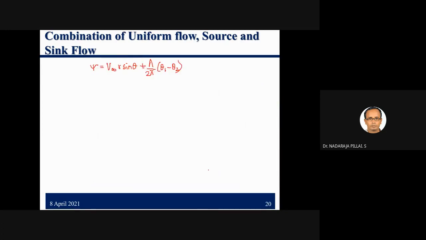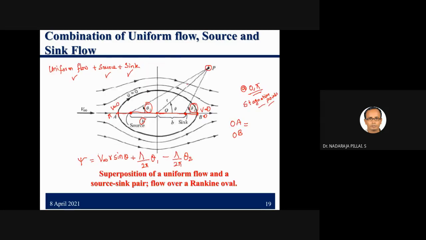And I know at the stagnation point the psi is equal to 0, right? So V infinity r sine theta plus lambda by 2 pi, theta 1 minus theta 2 is equal to 0, right? Here it is along the surface, here.